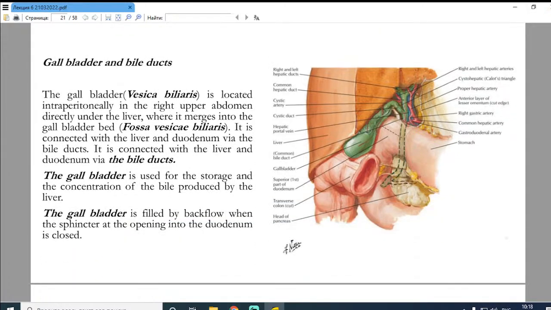Gallbladder and bile ducts. The gallbladder, vesica biliaris, is located intraperitoneally in the right upper abdomen, directly under the liver, where it merges into the gallbladder fossa. It is connected with the liver and duodenum via the bile ducts.